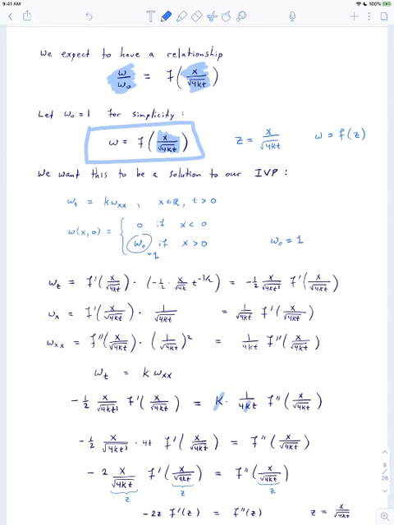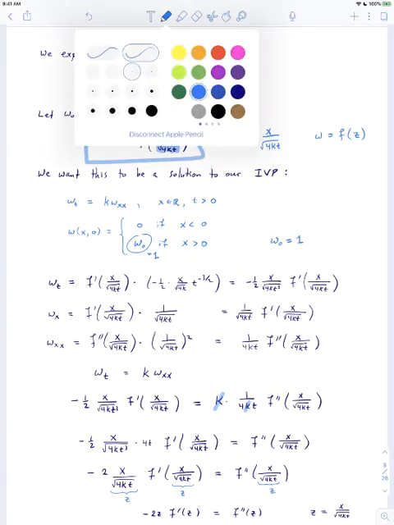So w is equal to f at some variable z, but let's leave it in terms of this x over the square root of 4kt, because we're looking for the derivative with respect to t and the derivative with respect to x, and of course the second derivative with respect to x. So for that reason, we're going to keep w in terms of f at x over the square root of 4kt.